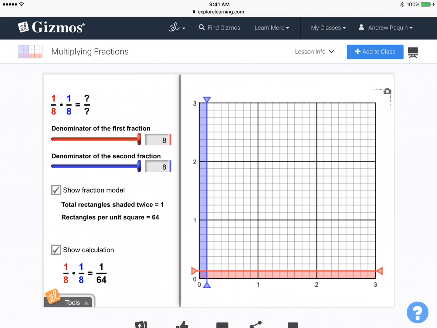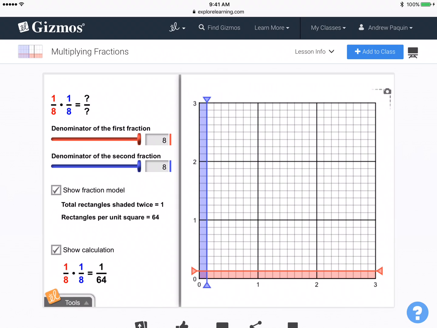That's 1/64. And this is a good image to show students to help them overcome that misconception that multiplication always makes things bigger. And then to talk about why. Because we're not scaling up, we're scaling down. Okay? So long as we're multiplying something by a value of less than 1, we're scaling down and making it smaller.